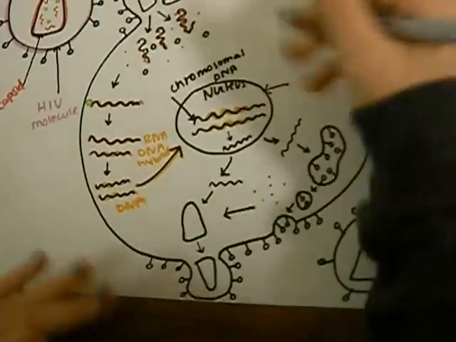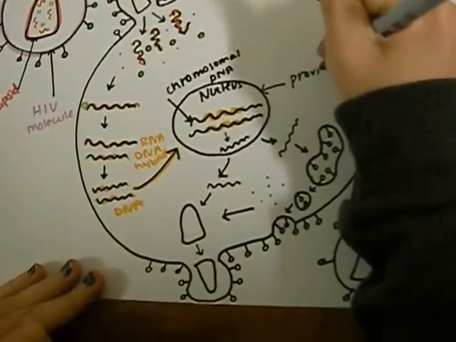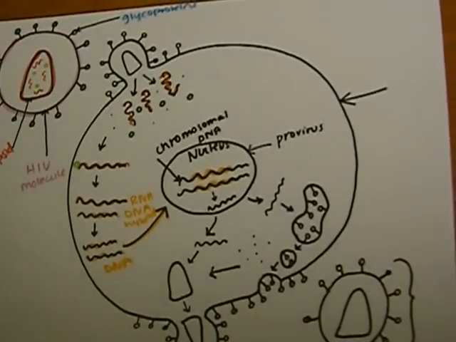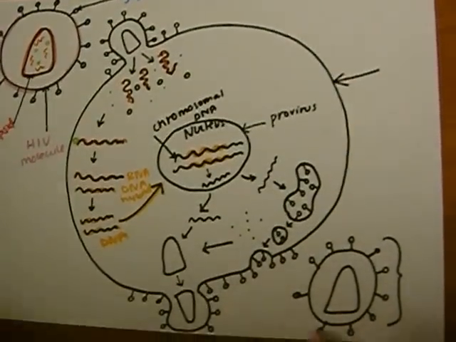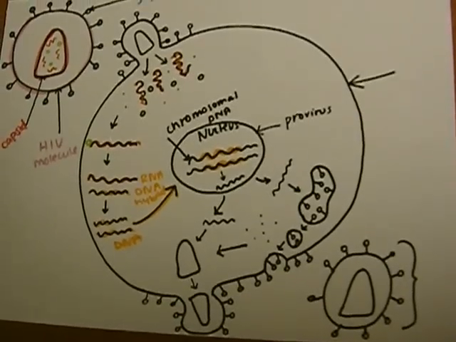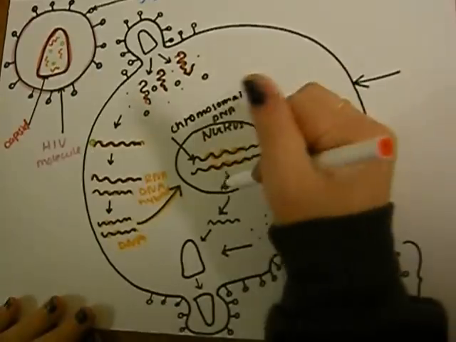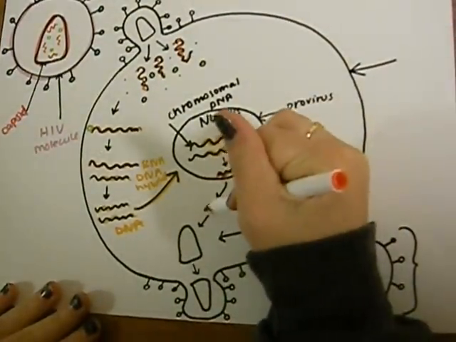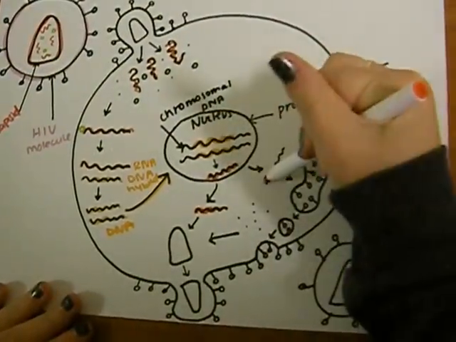And this is then called a provirus, meaning it will never leave the host cell nucleus at all. So from there, transcription occurs and mRNA is formed. The mRNA moves out of the nucleus and two jobs are done with it.